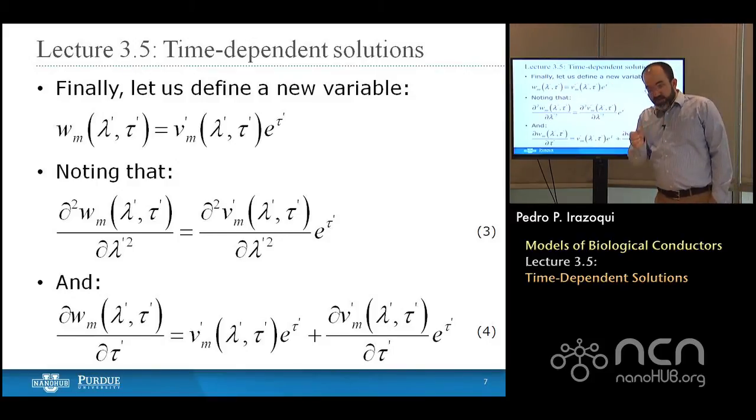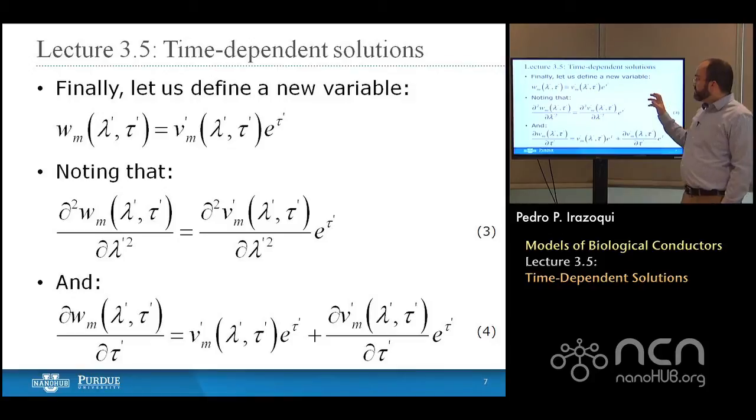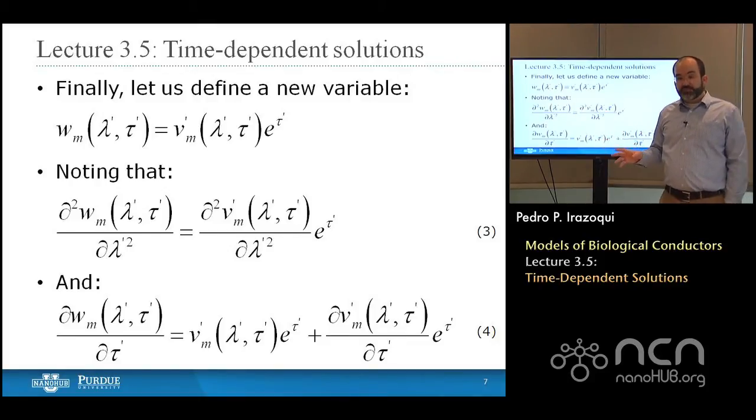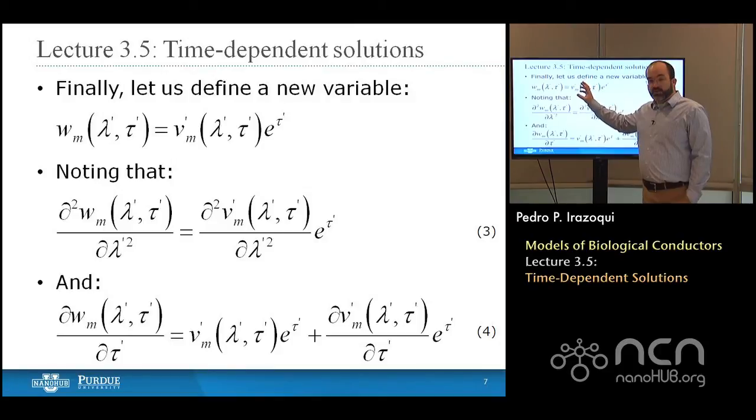And when we're defining a variable, students sometimes look at that and say, well, how do you know that that's true? When you're defining a variable, you can define it any way you want to. You can make up any variable you want. Whether it's useful to make up the variable, that's another matter. But if you follow with me, you'll see that this definition is quite useful.